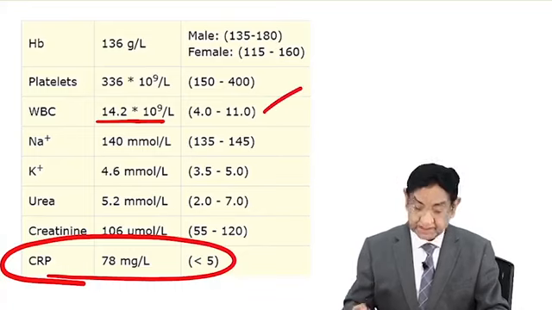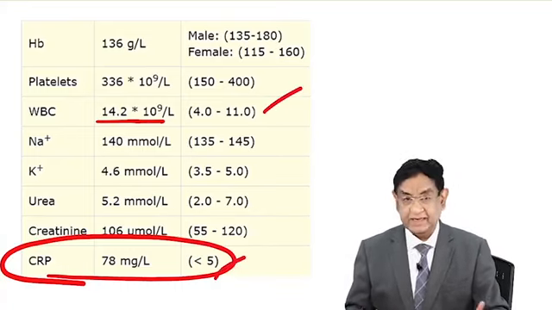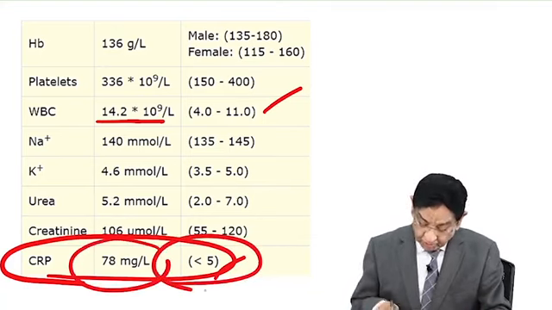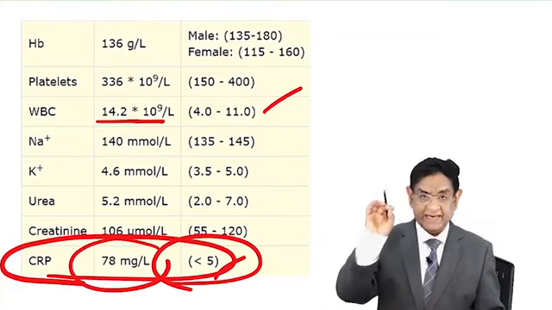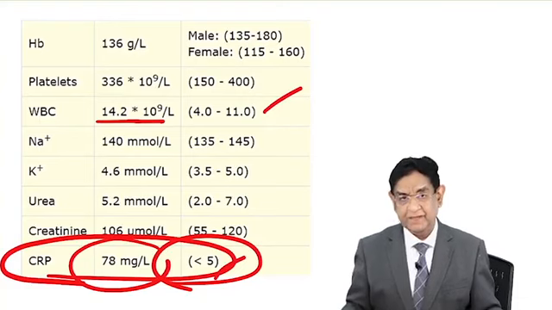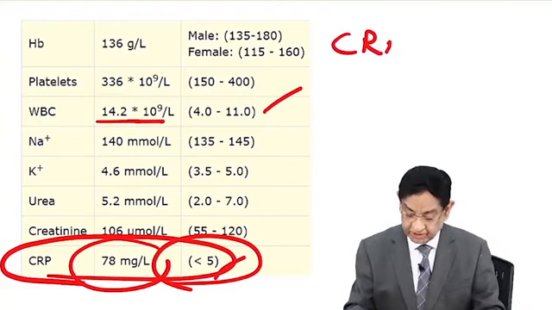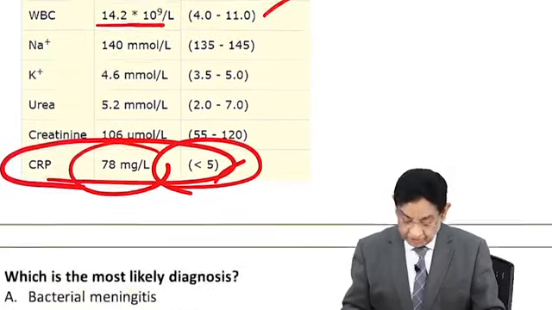CRP is 78 as compared to normal 5. And we all know very well that CRP increases in any inflammatory phenomenon. Raised CRP is not a feature of multiple sclerosis at all. There is some other thing going on.